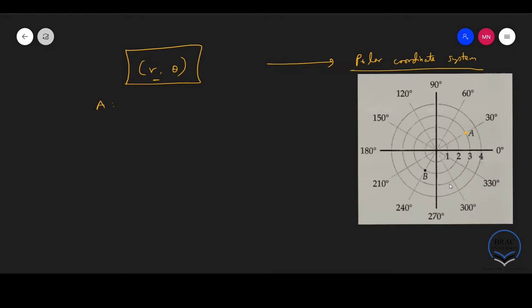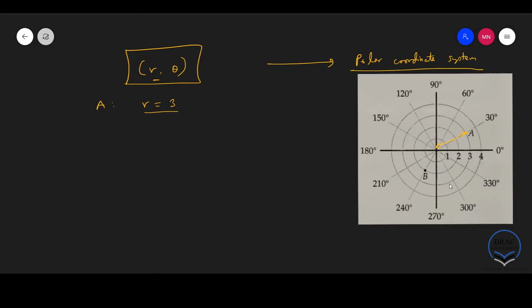Well, as you can see, the distance from the origin to the point A is 3 units. Therefore, my value of r will be equal to 3. Why is it 3 units? You can see that this point lies on a circle of radius 3 units whose center is at the origin, right?